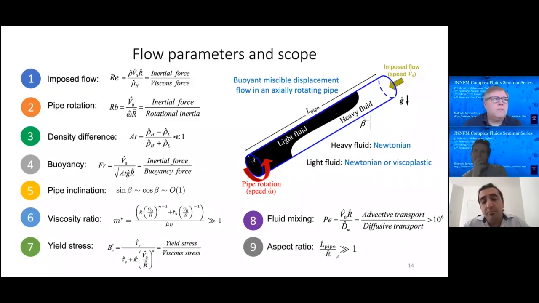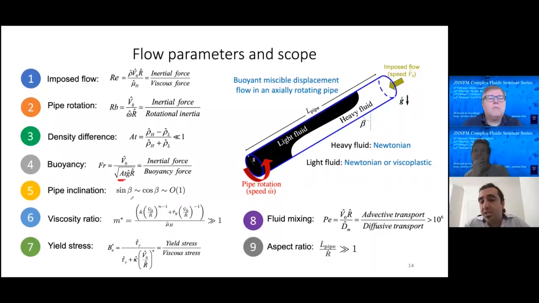So we would need to make more simplifications to this problem so that we can make the analysis of the flow possible. In this approach, for example, we consider a small density difference between the two fluids, so that the Atwood number would not be relevant, but it would be very much relevant when it comes to the force of buoyancy.